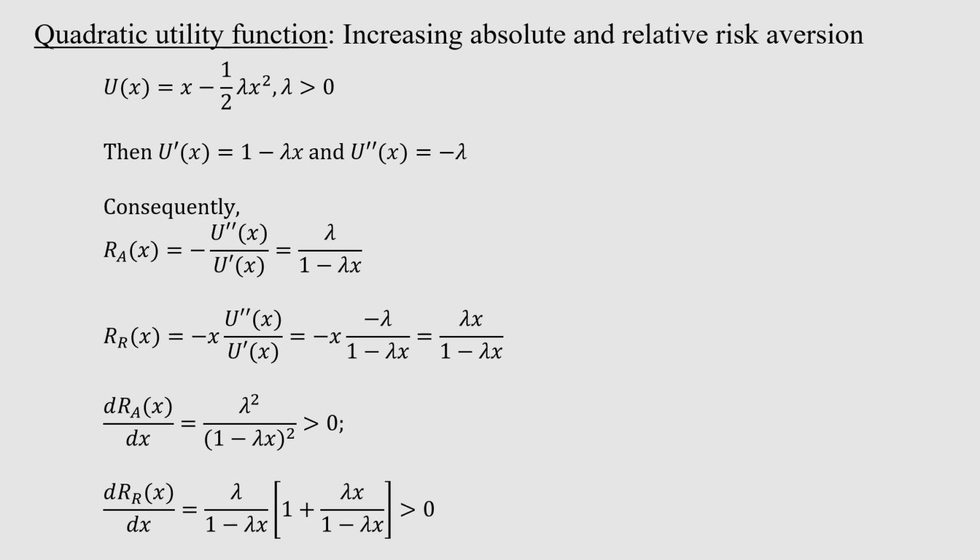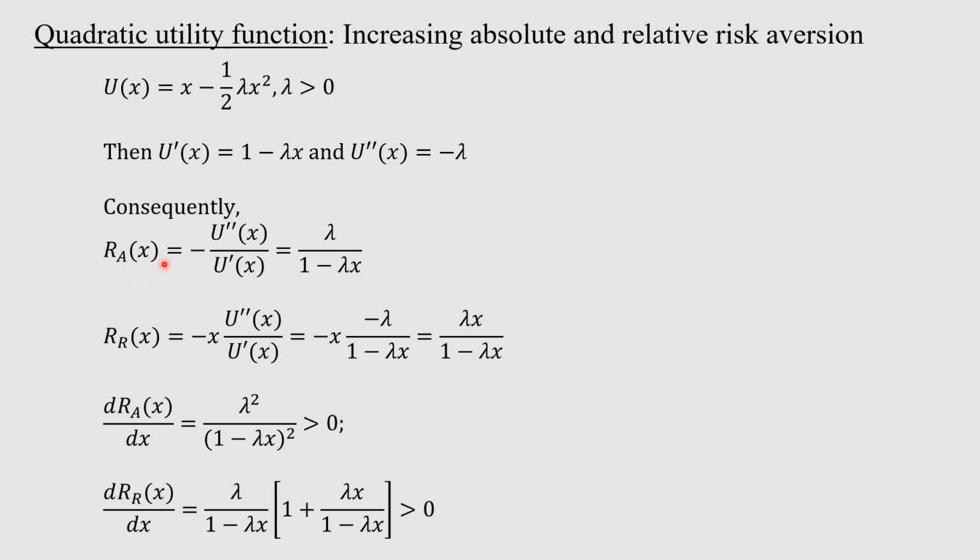The final type of utility function that we consider is a quadratic utility function, which has both increasing absolute and relative risk aversion. In this case, the utility function is written as U of X is equal to X minus 1/2 lambda X squared, where lambda is positive. The first derivative of the utility function is simply 1 minus lambda X. The second derivative is simply minus lambda.